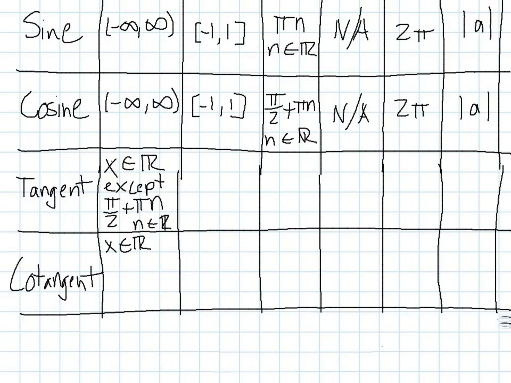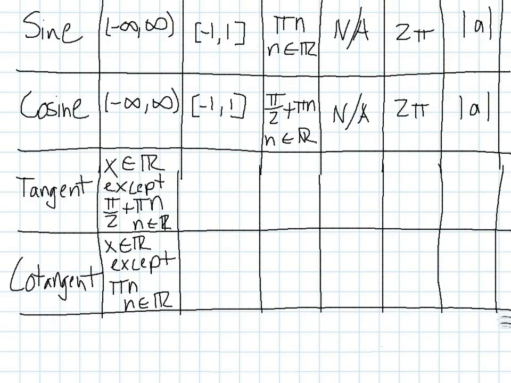So we can say except where pi is times n. Now we're actually adding 0 to that, but we don't have to say that, since 0 plus pi times n is the same thing as pi times n. So we can just avoid writing it.